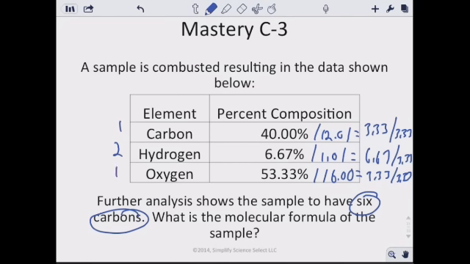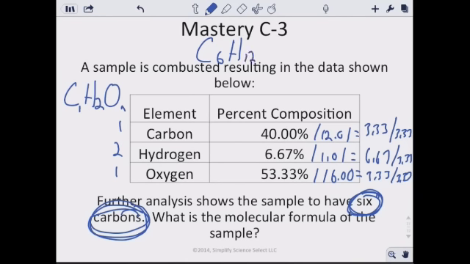So our empirical formula is CH2O. But it says that when put through the mass spec, it has 6 carbons. So for that carbon to have 6, we'd have to multiply that 1 by 6. So we get C6, H, if we multiplied by 6, we would get 12, and then O6. If we look at this, we see that that is glucose.